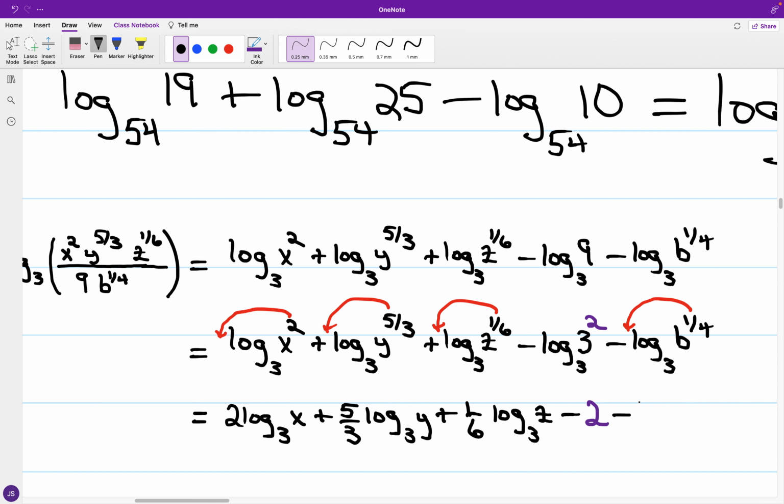And for what we have in b, we have minus 1/4 the base 3 logarithm of b.